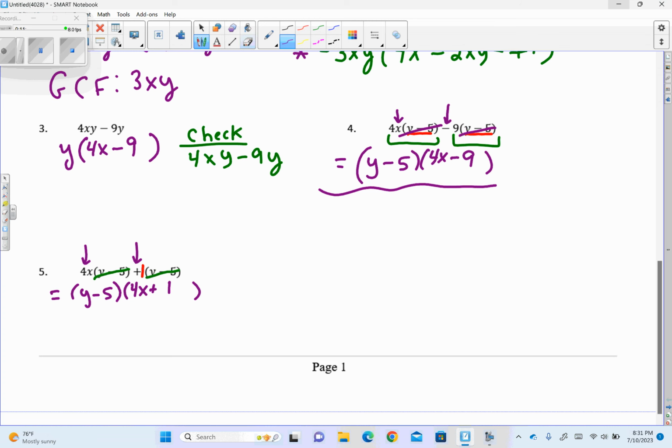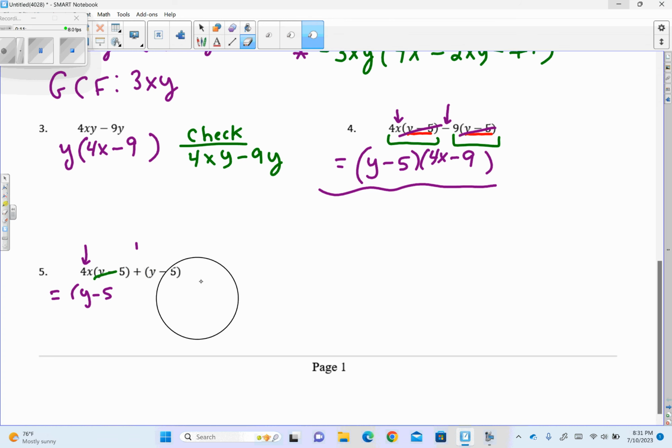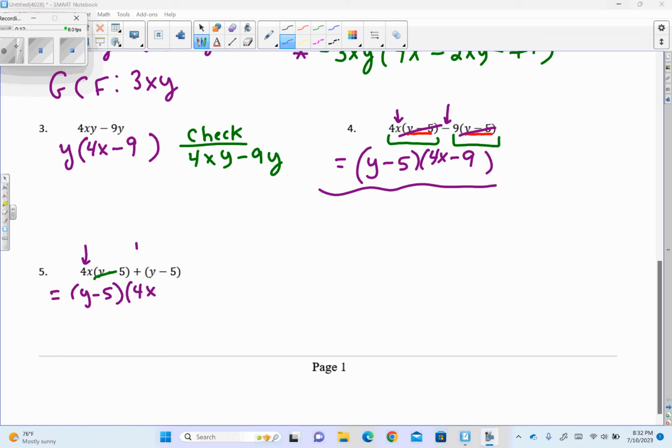It looks like when I did that, I wrote over it and lost my sign. Sorry, so if we take the y minus 5, we end up with plus 1, and this is my factorization.